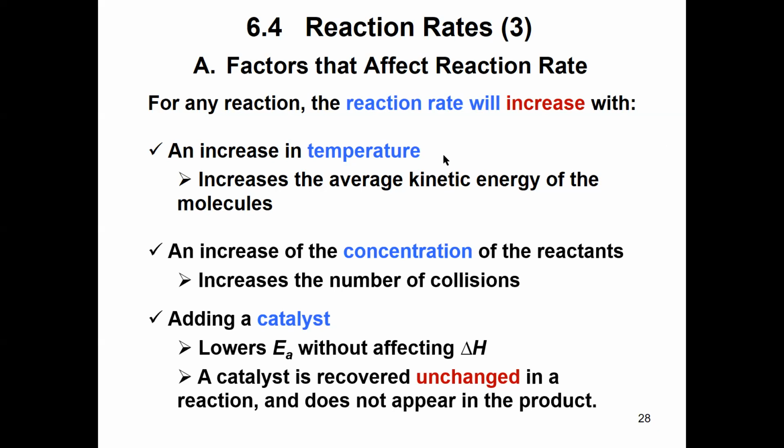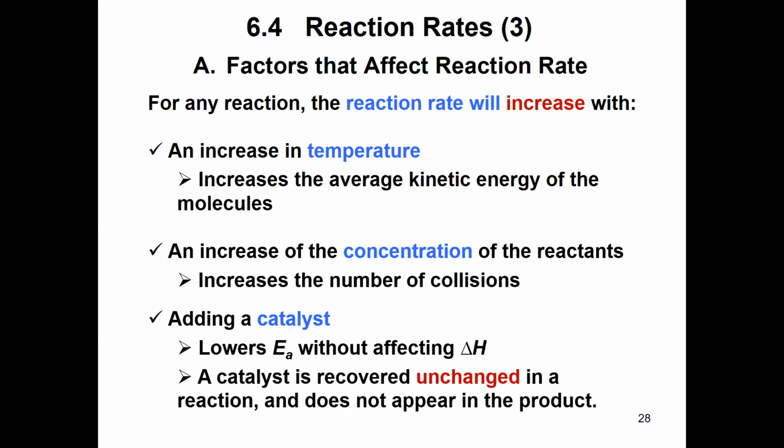Because increasing the temperature increases the average kinetic energy of the molecules. And so that gives them more chances to overcome the activation energy of the reaction and get to product. So an increase in temperature increases the rate.